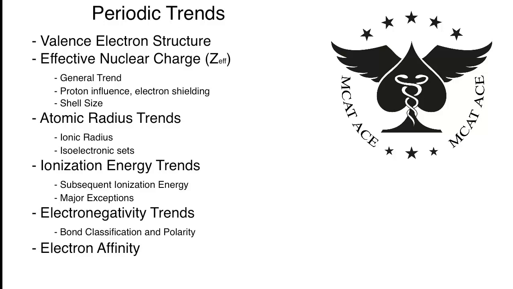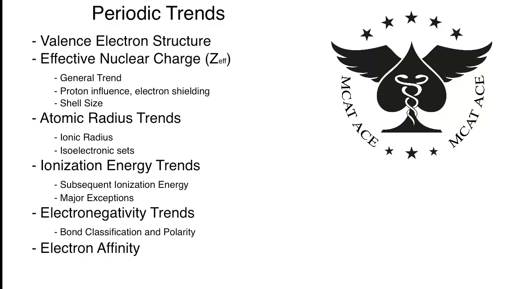We're going to talk about how protons will influence the effective nuclear charge and basically what effective nuclear charge actually is, how it works. We're going to talk about what happens as we continue to pile on electrons, and specifically what happens if we open up a new shell and we place additional electrons into that shell. So in other words, what happens if I go from a 2s to a 3s?